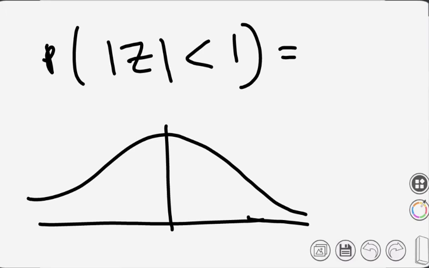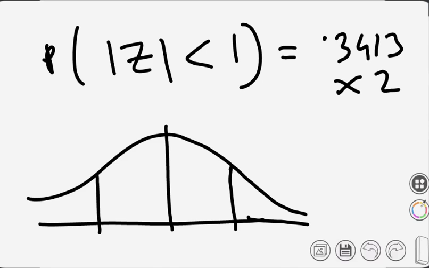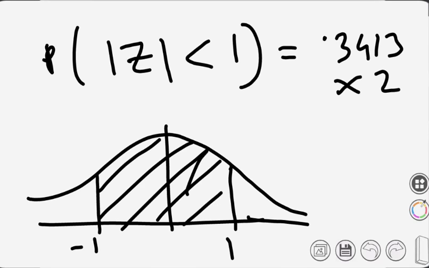Mod z less than 1 means from -1 to +1. This is the required area, and it is already given that this is 0.3413, so because they are the same, we just multiply by 2.